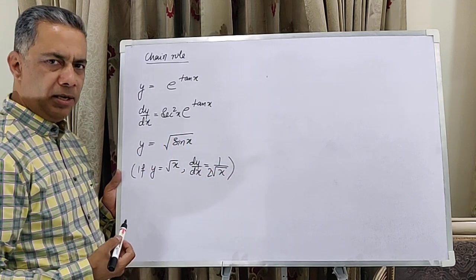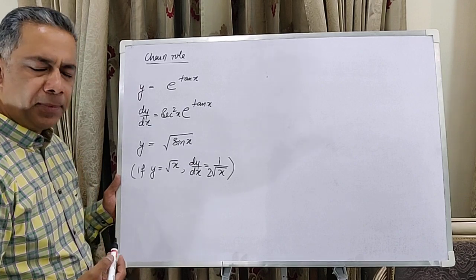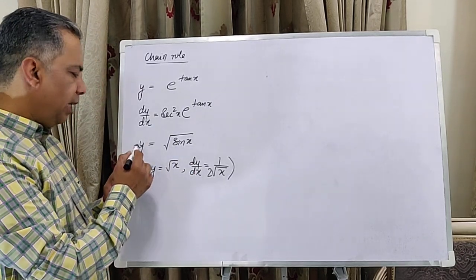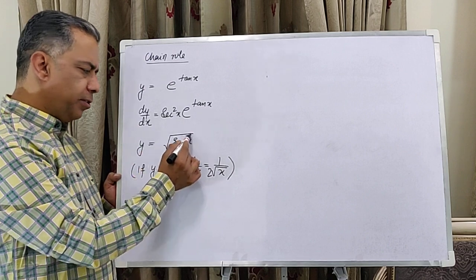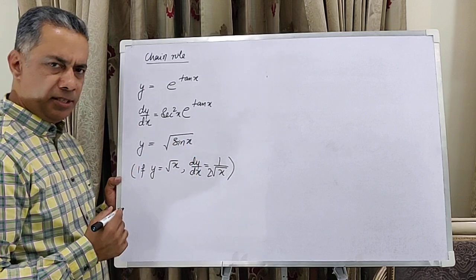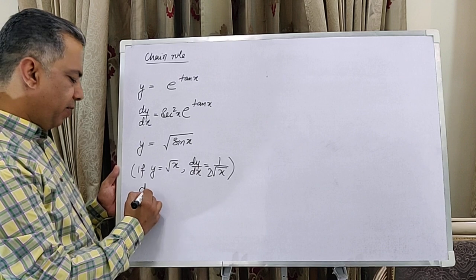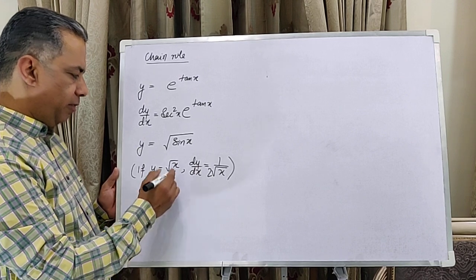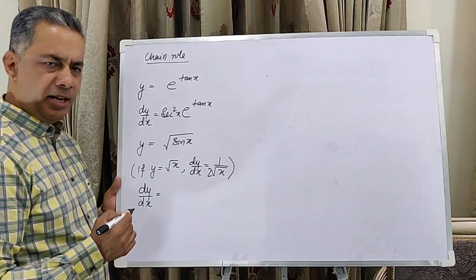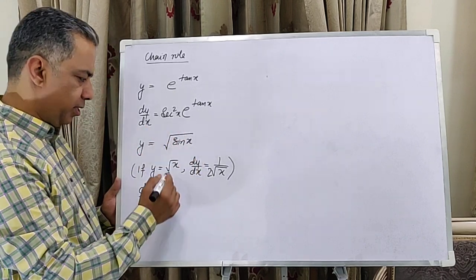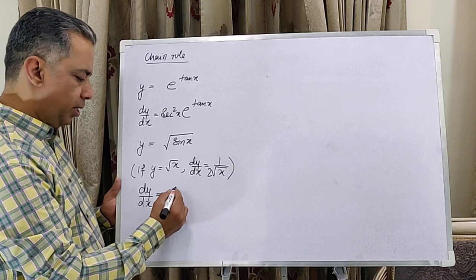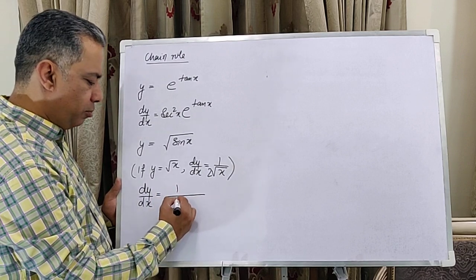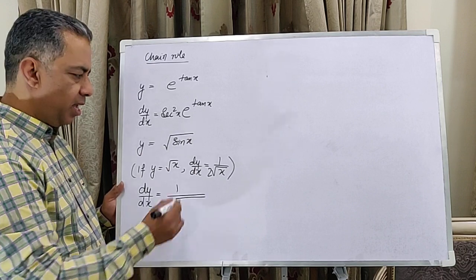This is something you might recall from my previous video. Now here the first function is the root and the second function is sine. Now when we use the chain rule, the first thing we do is we find the derivative of the first function. Now for the first function, which is root, the derivative is 1 by 2 root.